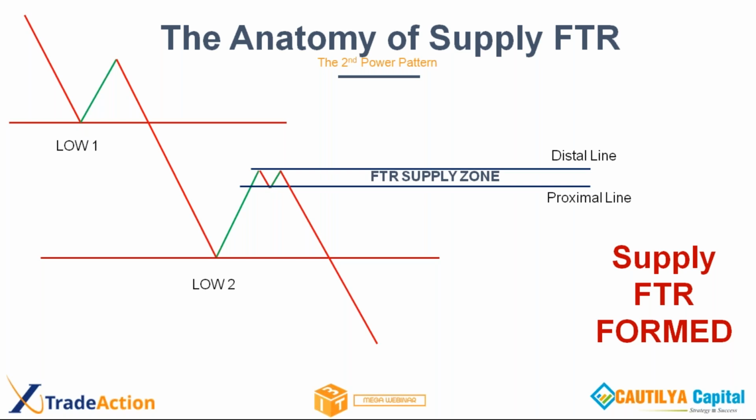And now my distal line and proximal line shuffle, because since price is below the FTR supply zone, I am going to short. If price comes back to the proximal line, I keep my stop loss a little above the distal line, and price comes back and elegantly retraces from there.